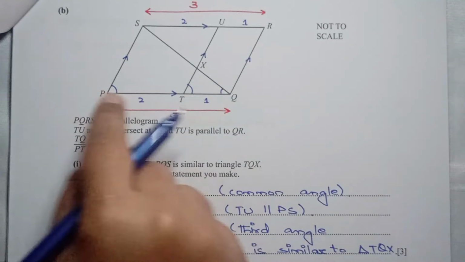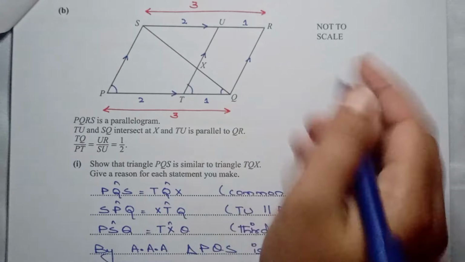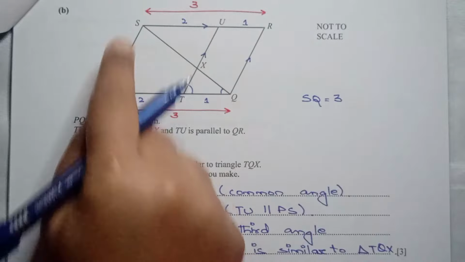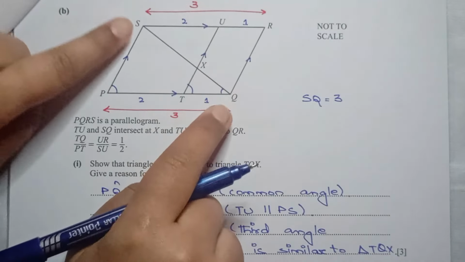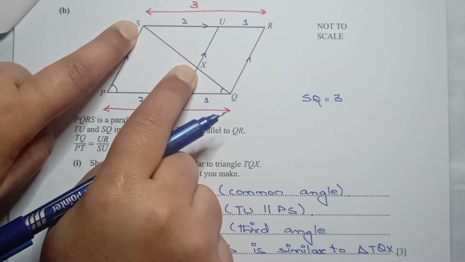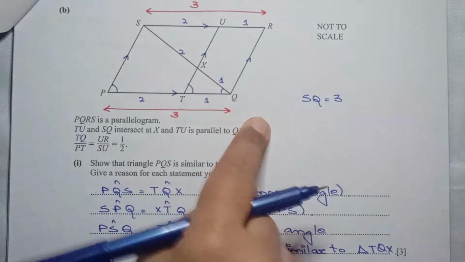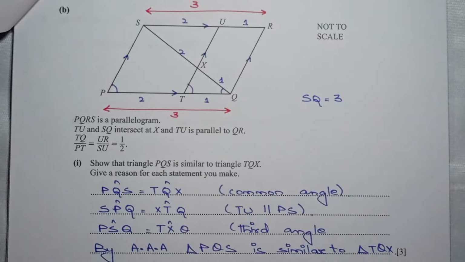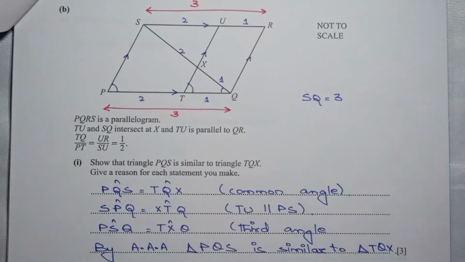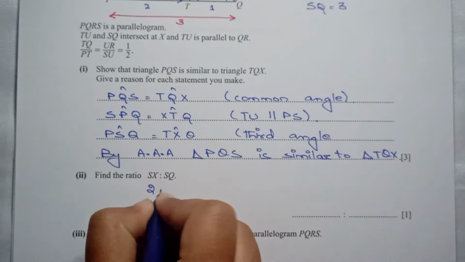So if for the bigger one the side ratio is 3, it means S to Q is also 3. And what is SX? When SQ is 3 and this is 1, this would be equal to 2. So this is 2 and this is 1 and altogether is 3. So S to X is 2 and S to Q is 3. So we can say that it is 2:3.